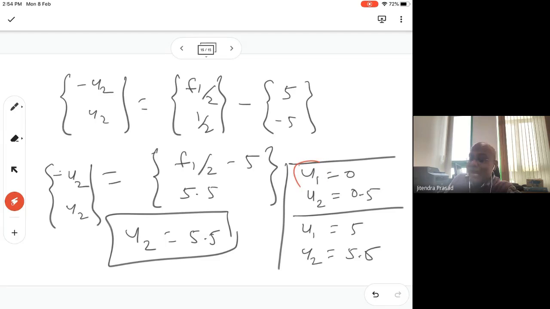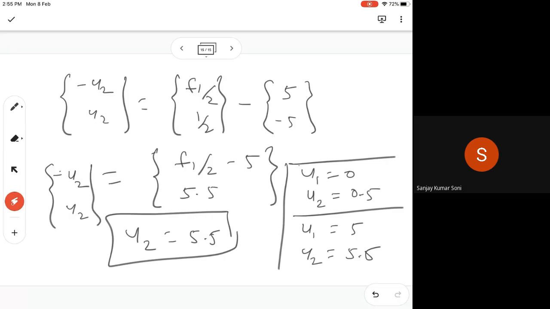Then only you can add 0.5 to that U1 and get the solution. If you are not giving the boundary condition, you have a problem but U1 can be anything, and if U1 is anything, that means it has infinite solutions. So to get the unique solution, the necessary boundary condition has to be given.